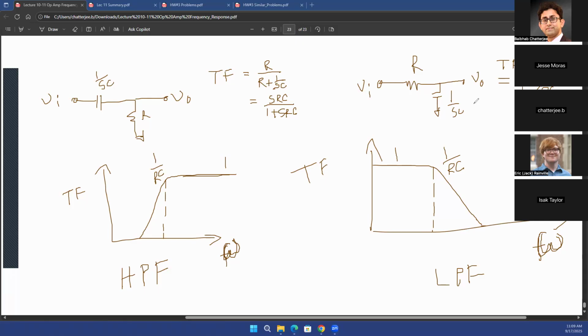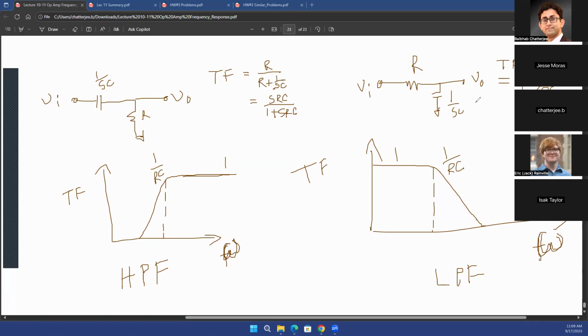Question? Can you say why it's 1 over RC, but I would see how negative 1 over RC would make the denominator 0. Right. So you're talking about a negative frequency at which you have a pole, right? But there's no meaning of negative frequency, right? The lowest value that you can physically have for any frequency is 0.